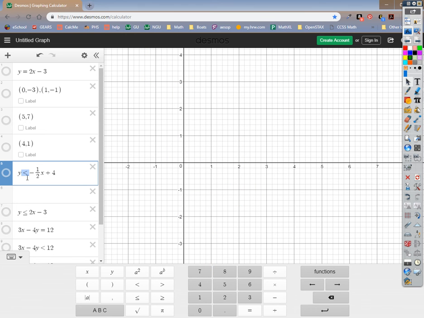I'm going to make one more little change. Let's do this. So there's what I want you to investigate. See if we can get a quick graph of y is less than or equal to negative 1/2 x plus 4. Doesn't have to be accurate. Just do a quick sketch in your notes.